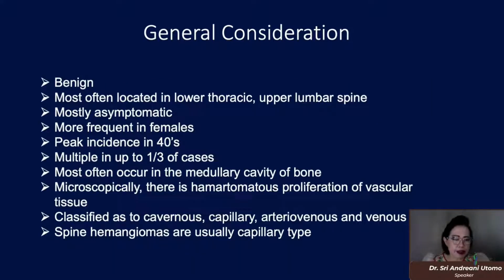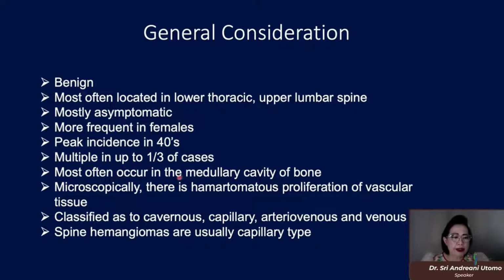General consideration: hemangioma or vertebral bone hemangioma usually is a benign lesion, most often located in the lower thoracic and upper lumbar spine, mostly asymptomatic, more frequent in females, and peak incidence is in the 40s, multiple in up to 1/3 of cases.